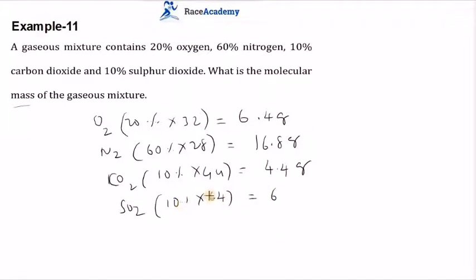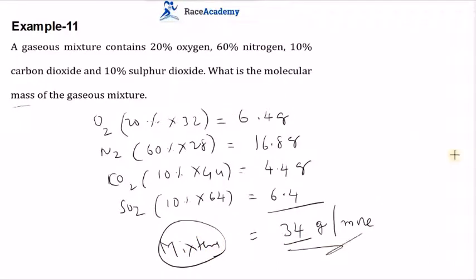So 10% of 64 is 6.4. If you add all these, you will get 34 grams. This 34 grams per mole is the molecular mass of the gas mixture. That is the answer for this problem.